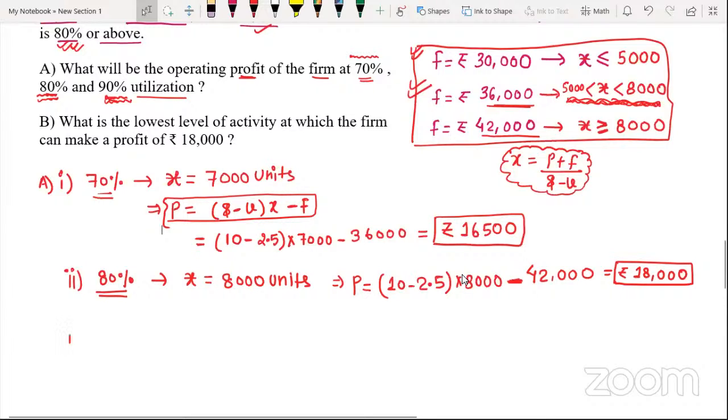Now the third part, for 90% utilization. Okay, for 90% utilization, so the X is going to be how many units? 90% of 10,000. So it is going to be 9,000 units.